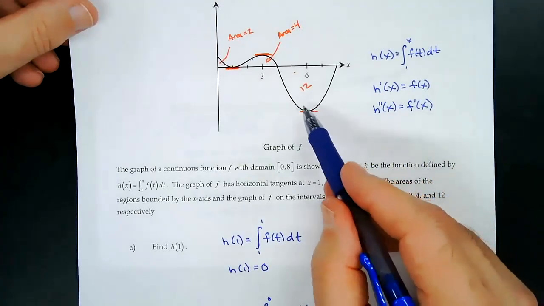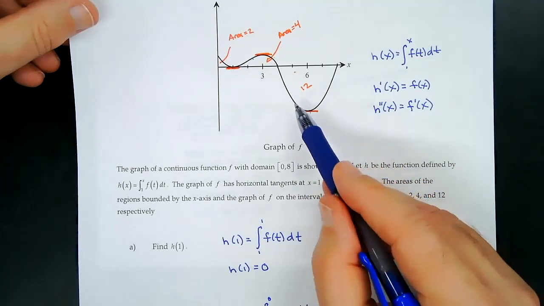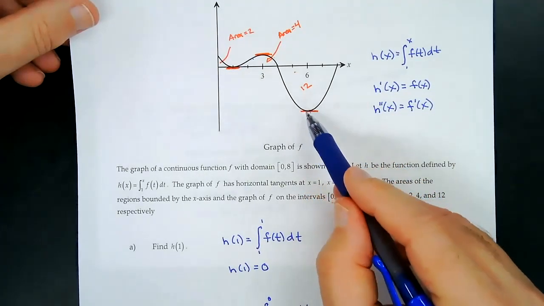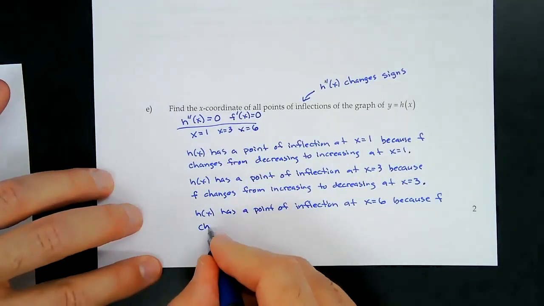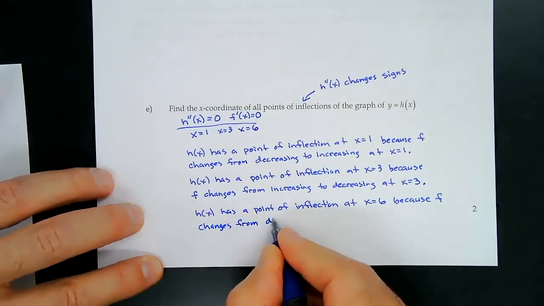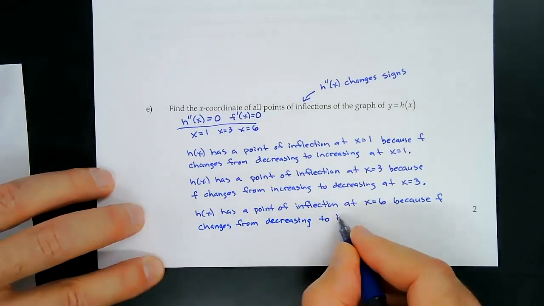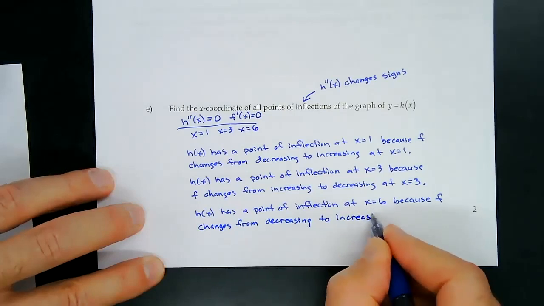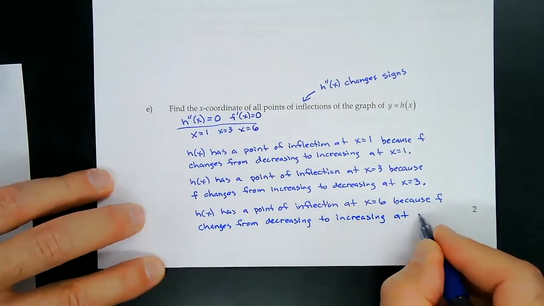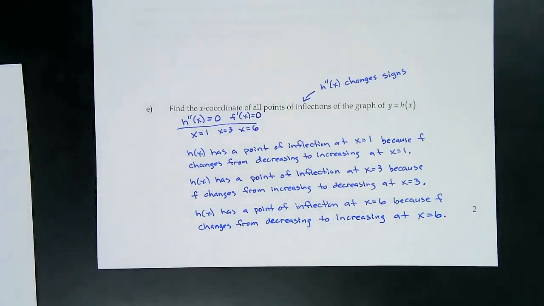How do I know f prime is changing signs? It's because f is changing from decreasing to increasing at x equals 6. So because f changes from decreasing to increasing at x equals 6, that gives us the points of inflection. There are 3 of them for h of x.